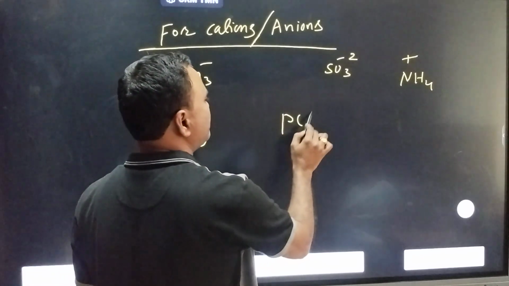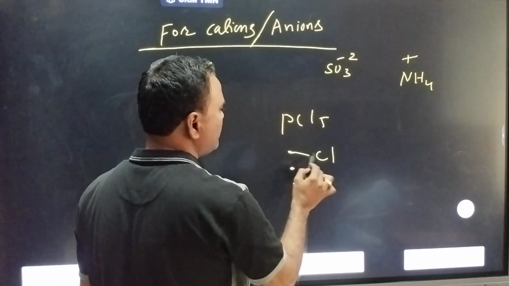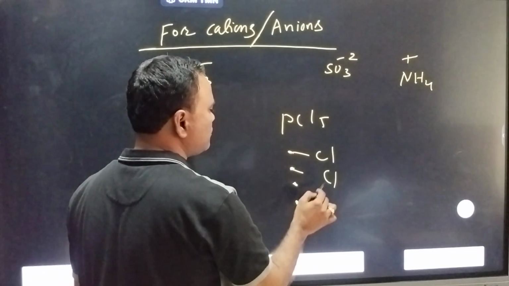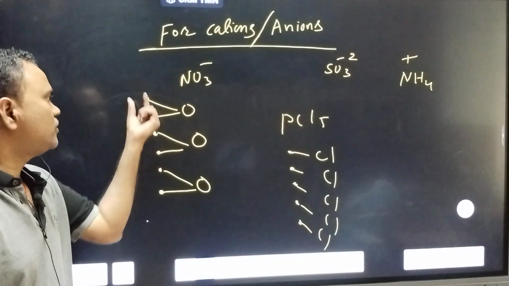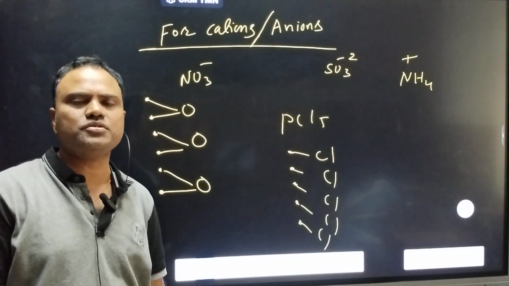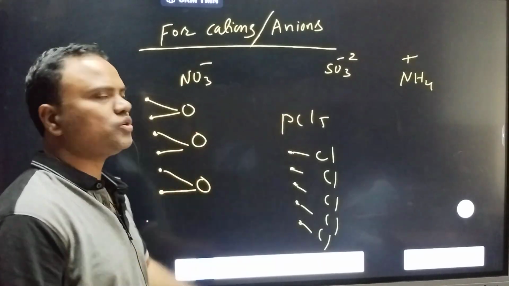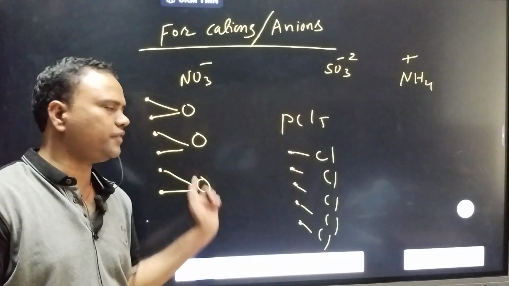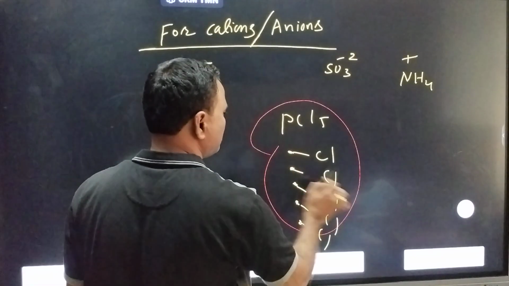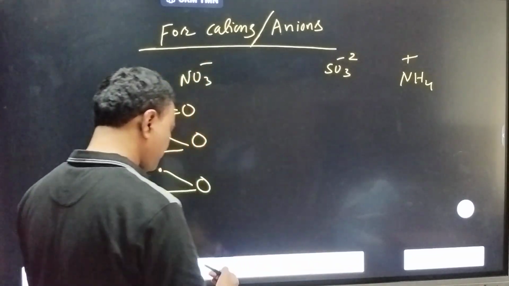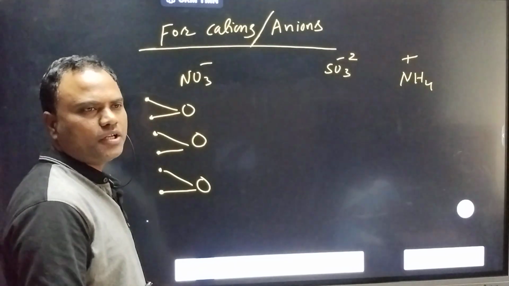In the last case, for PCl5, we allotted one electron for one chlorine, like this only. But here, two electrons for one oxygen atom, because oxygen's valence is two, meaning its bonding capacity is two. That's why we allot two electrons for oxygen. See the difference, only for the oxygen atom. Got it? Only for oxygen. What is the hybridization here?